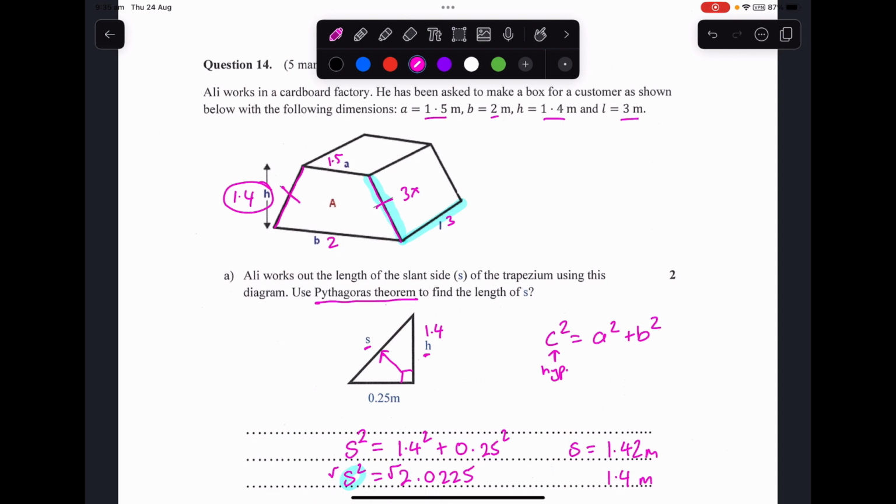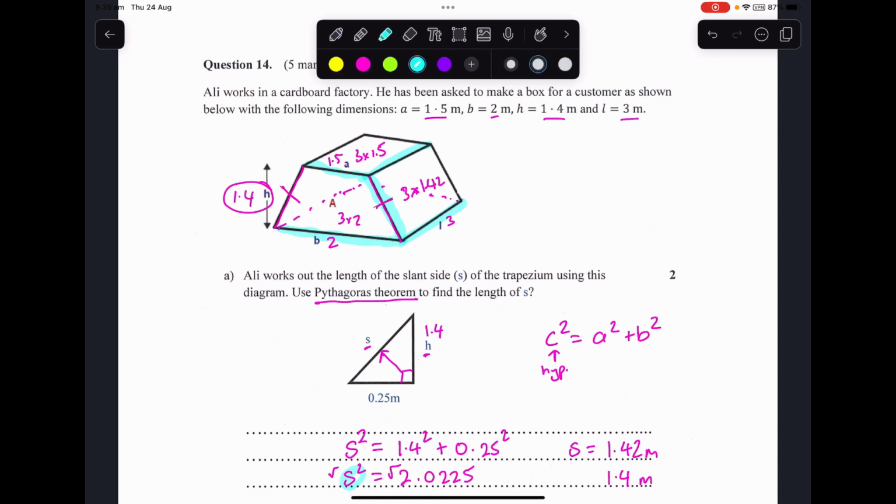Now we worked out that the slant side was 1.42, so 1.42. This one at the top is going to be 3 times 1.5. The one on the base, if we go across like that, is going to be 3 times 2. So I have 3 times 2.